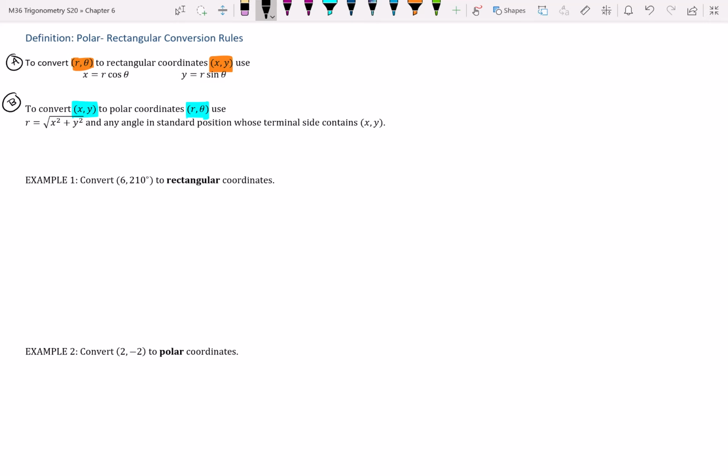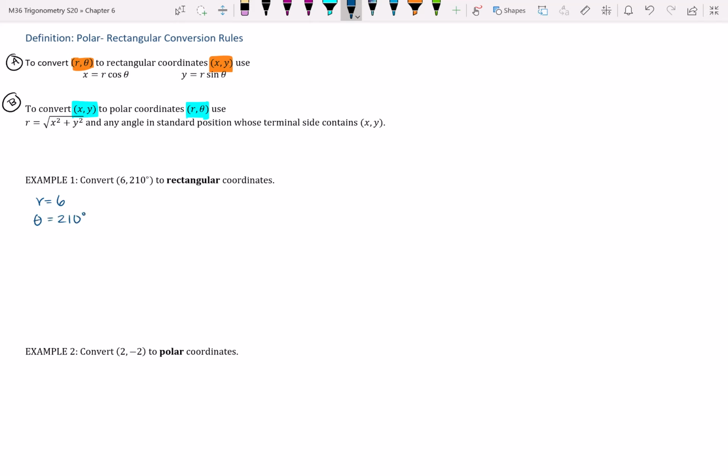All right, so let's try some examples going back and forth. My first example is asking us to convert (6, 210 degrees), where r is 6 and theta is 210 degrees, to rectangular coordinates. We know that r is 6 and theta is equal to 210 degrees.